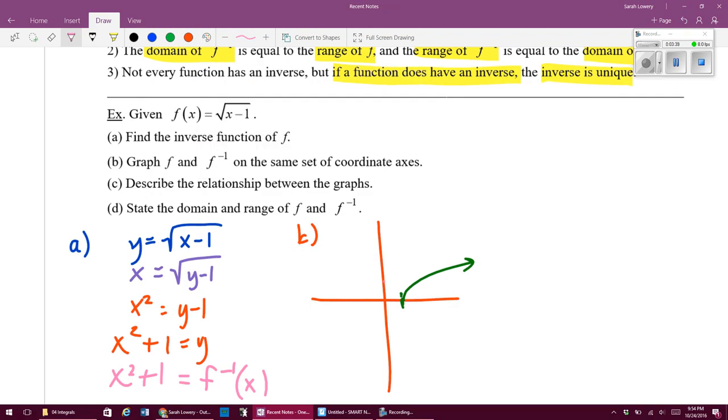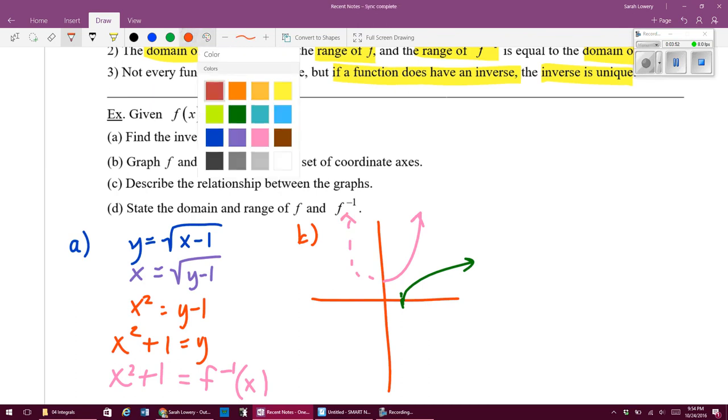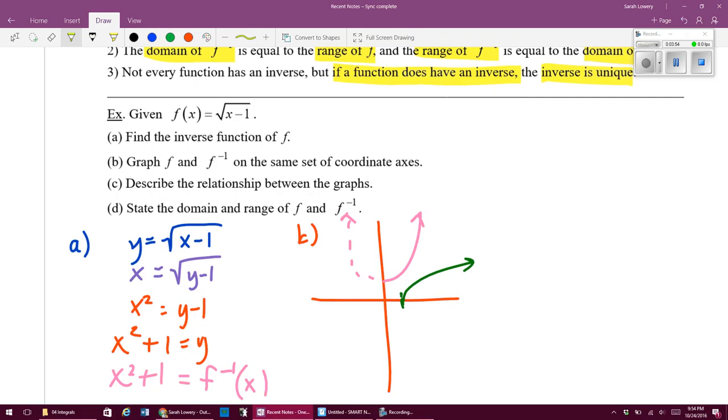Normally, we would graph a parabola 1 unit up and we'd have both sides. But this other half over here, we're actually not going to graph, okay? So the reason we're not going to graph that is because we need to consider our domain and range of these functions. First off, recognizing that these are indeed a reflection over the line y equals x. But let's talk domain and range.